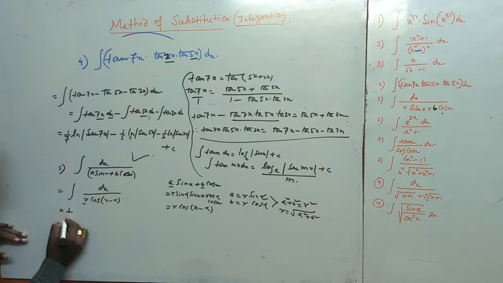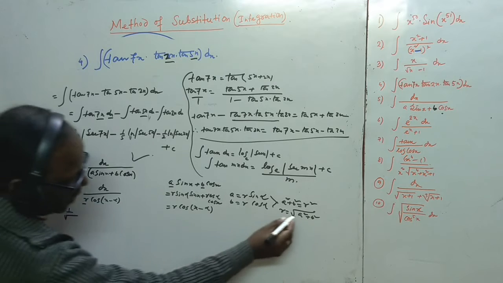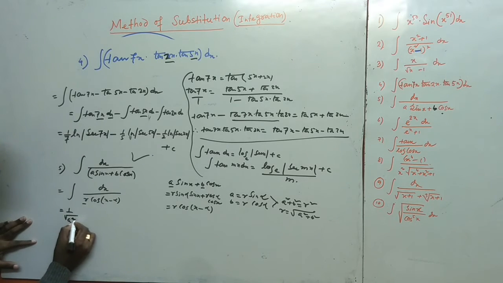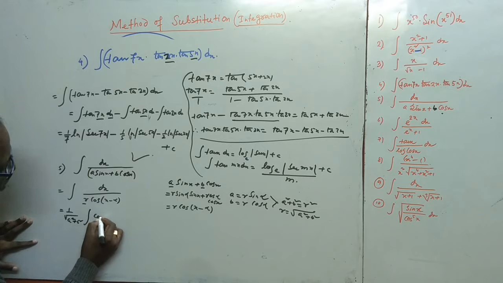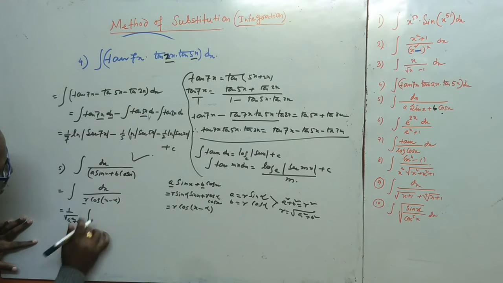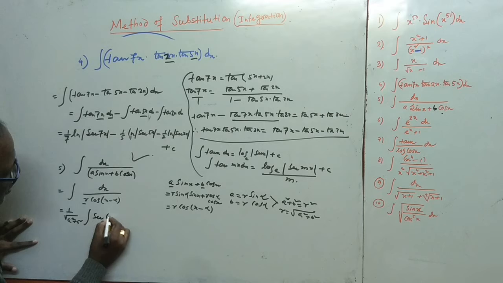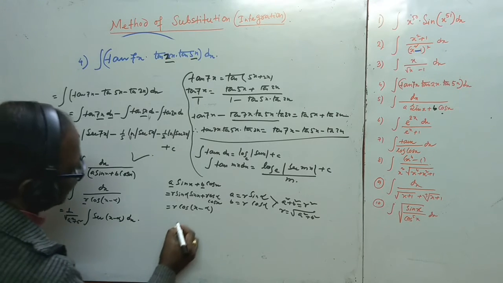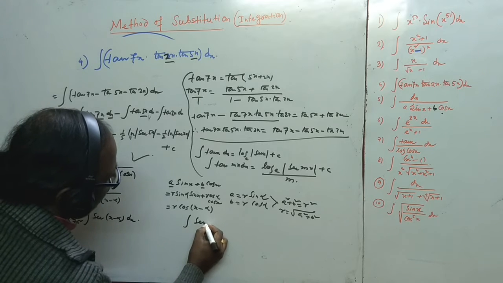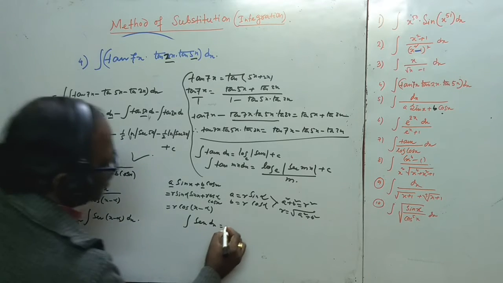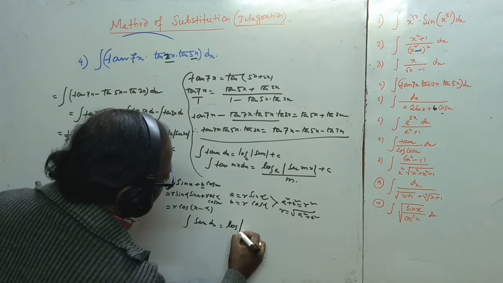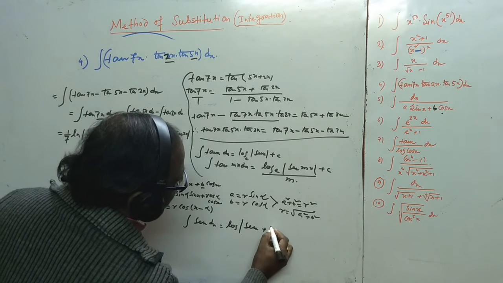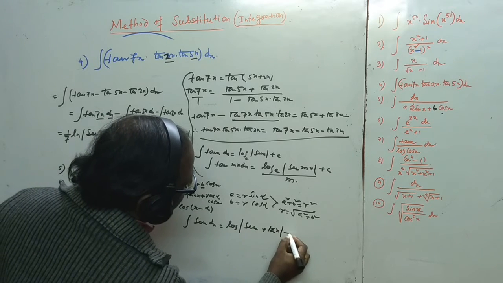So r means root over a square plus b square, and this is cos, which means sec of x minus alpha dx. The formula of the integral of sec x dx is equal to log mod sec x plus tan x plus c.